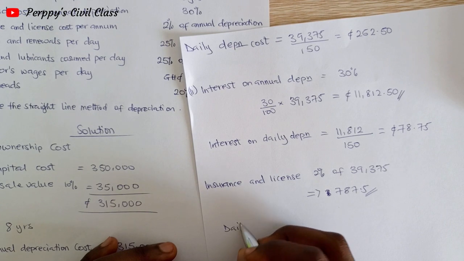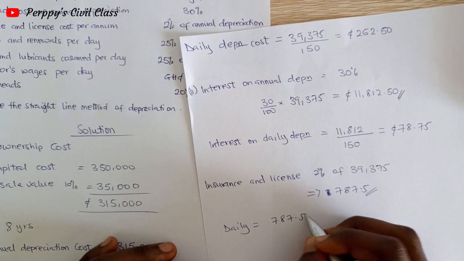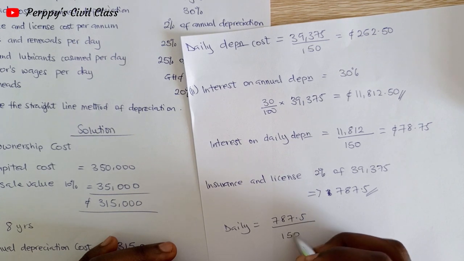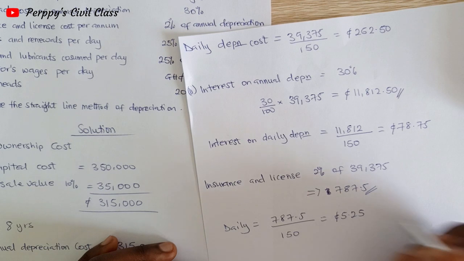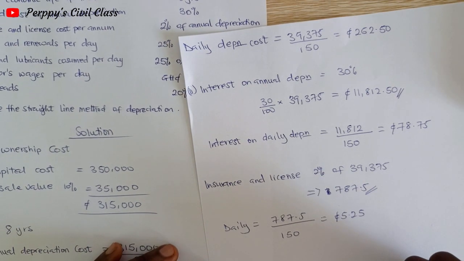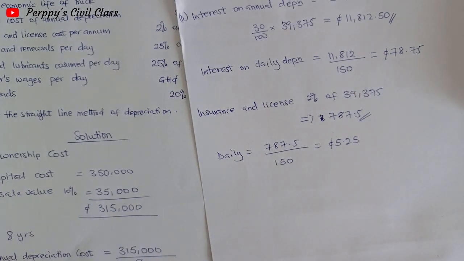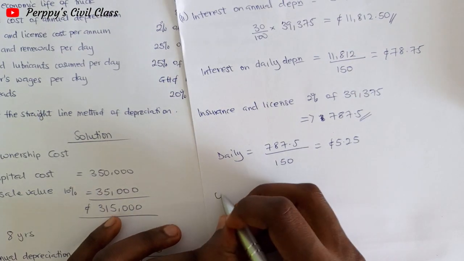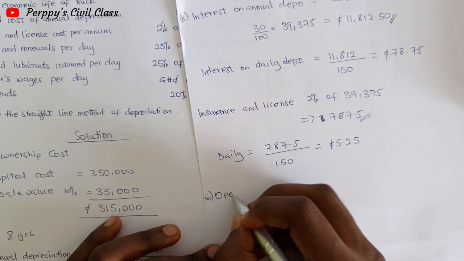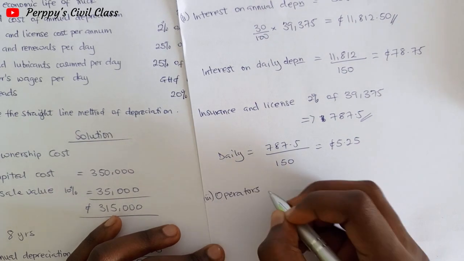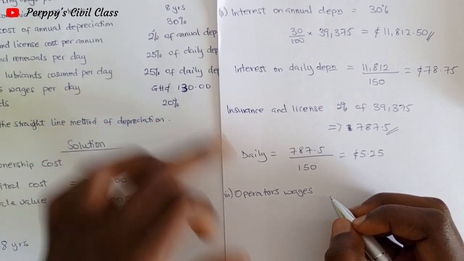Then daily, 787.5 divided by 150 days gives us 5.25, that is 5 Ghana cedis 25 pesewas. Now we have to calculate the operator's wages, which was given as 130 Ghana cedis.